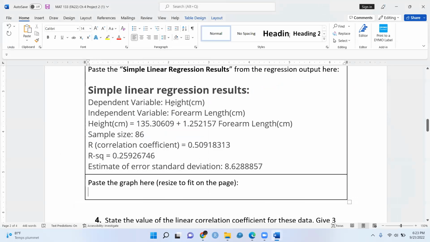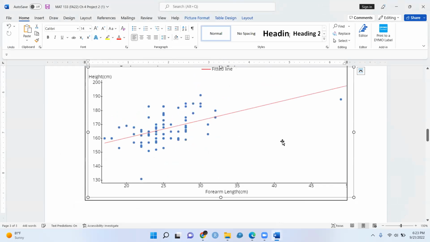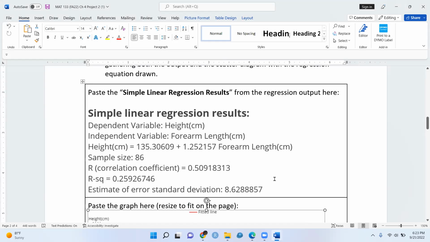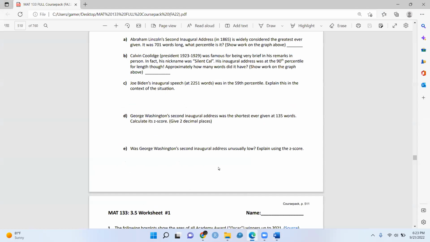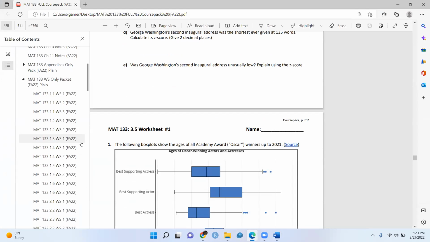What do they call it? Let's call it the simple linear regression line of best fit. Here's the problem. We can call it whatever we want, but they call it simple linear regression here. Let's find some other spots in the worksheets.